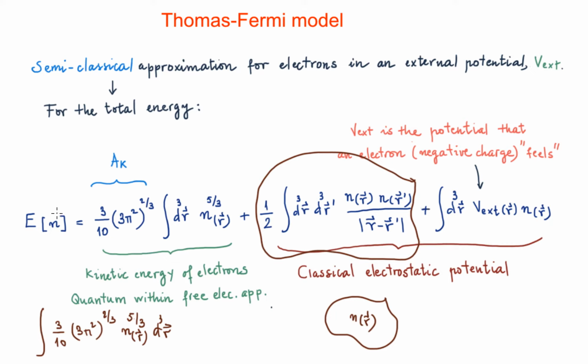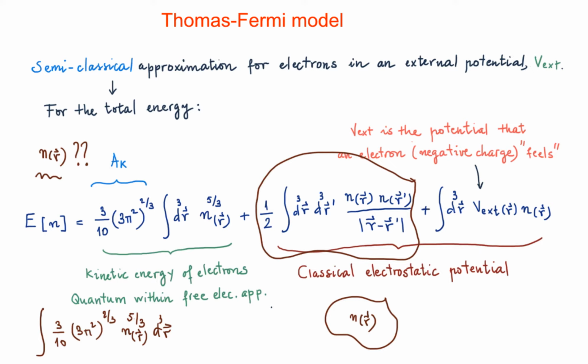And now, of course, this electronic density n(r) is variable, and we don't know the expression for that electronic density when the electrons are immersed in that external potential. So how can we get an expression for that, once we have the general expression for the total energy of the system, even within the approximation we have considered before?